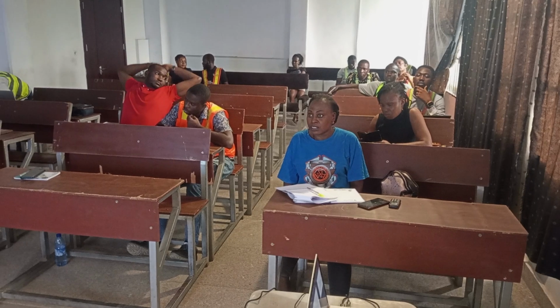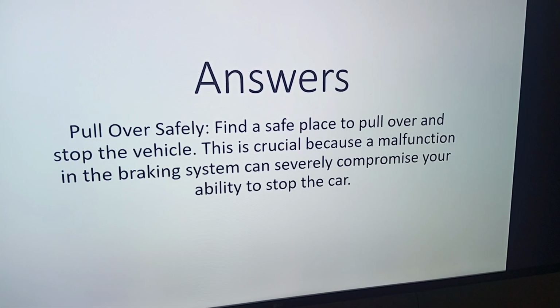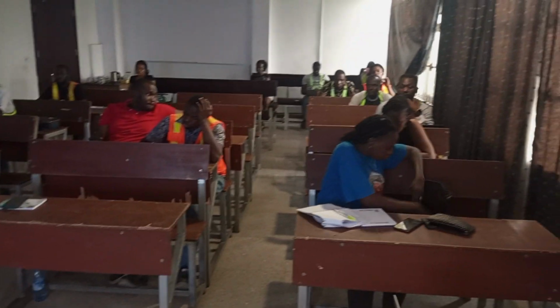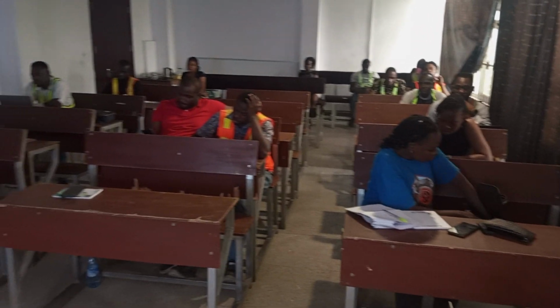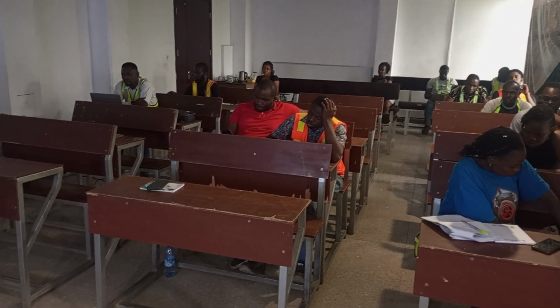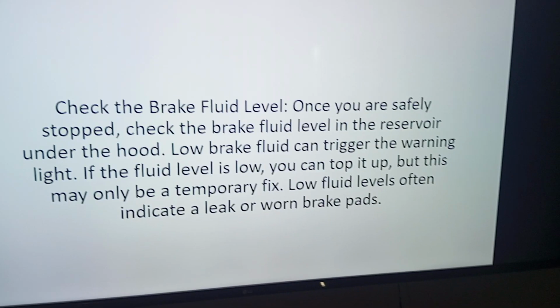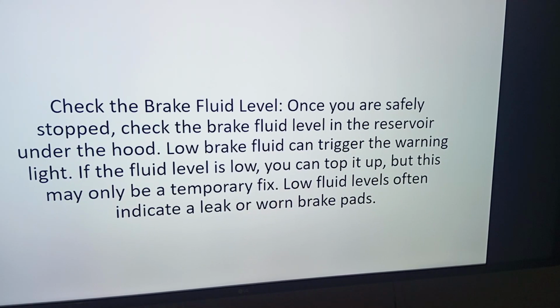Here is what you should do: pull over at the shoulder of the road and park. A fault in the braking system can severely compromise your ability to stop the car. The moment you observe that, just look for a place to park. Then check the reservoir where the brake oil is filled. Once you are safe, note that low brake fluid can trigger the warning light.